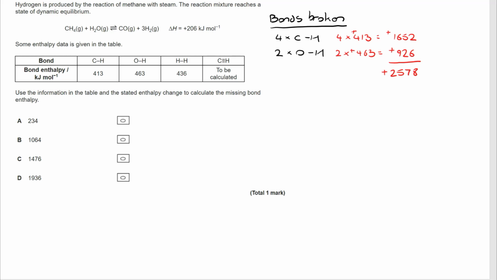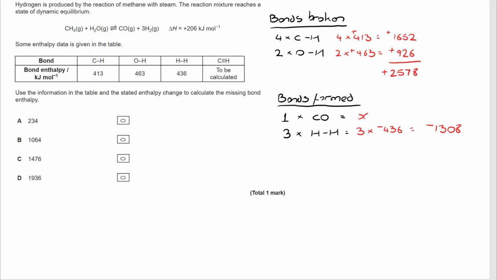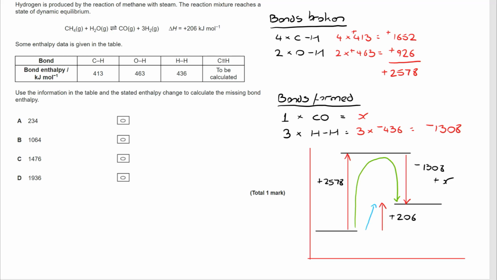If I then do the same thing for the bonds formed, I've got one CO bond being formed, and that's going to be my X value because that's what I want to work out. But I've got 3 H2s. That's 3 negative 436s, taking us to negative 1308 plus X. Now, I also know that my total enthalpy change is 206 or plus 206.